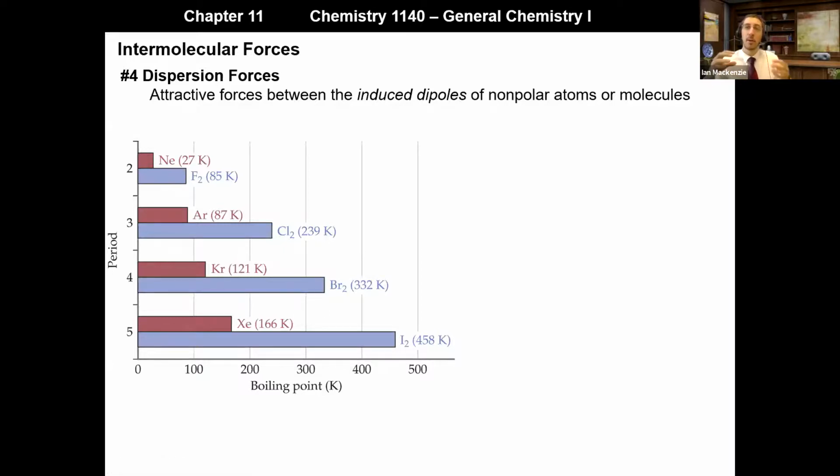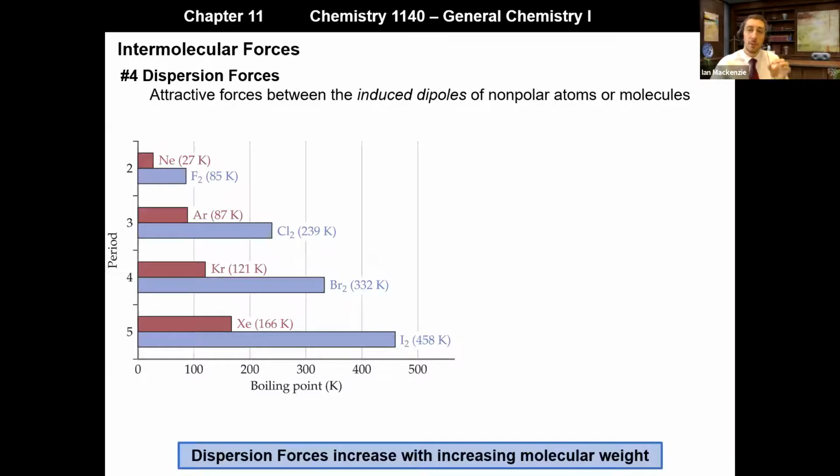But remember, boiling point is a measure of the intermolecular forces, but these are nonpolar molecules. There's no ion dipole, there's no dipole-dipole forces. What's going on here? Well, it's important to note that dispersion forces increase with increasing molecular weight. So as I increase the molecular weight of the species, then my dispersion forces also increase.